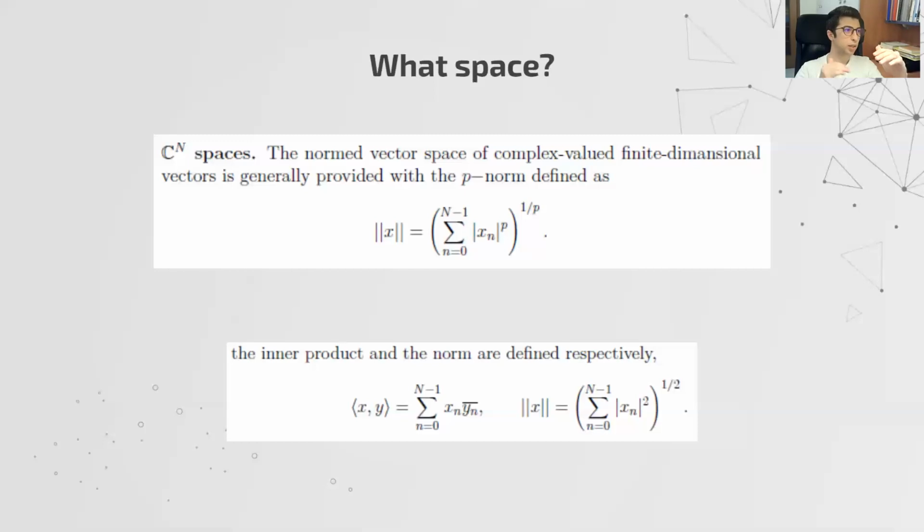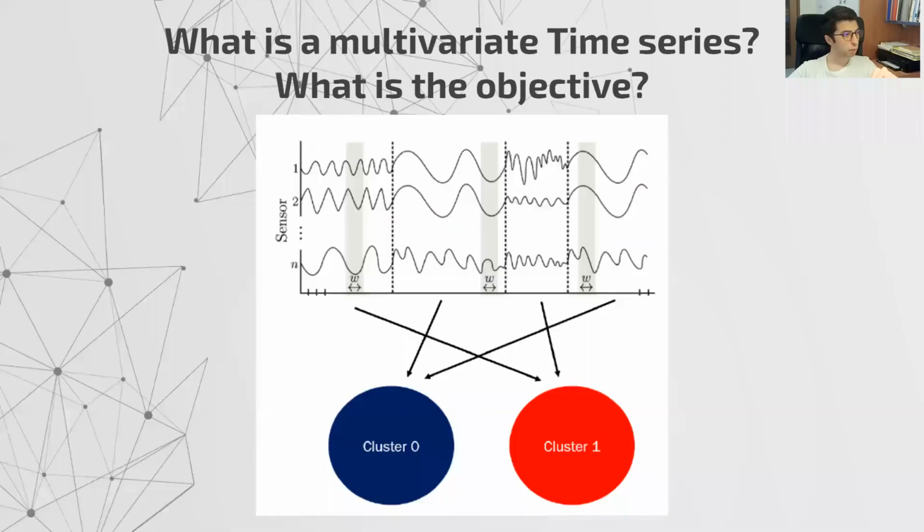So this is only an example to introduce you to the context, but this space is formed by objects that have values in the complex space, but in a matrix that has shape n, equal to the number of signals, times L, that is the length of the windows that we are considering.